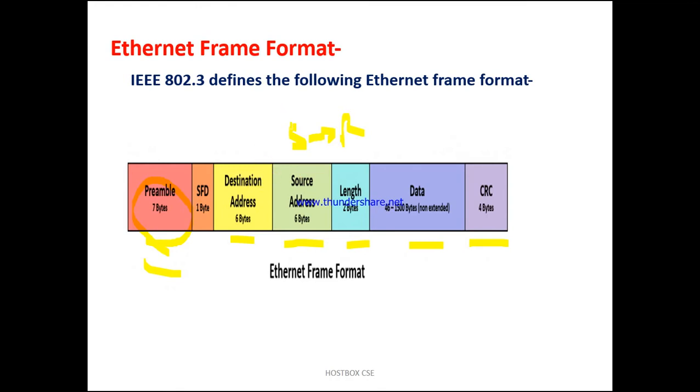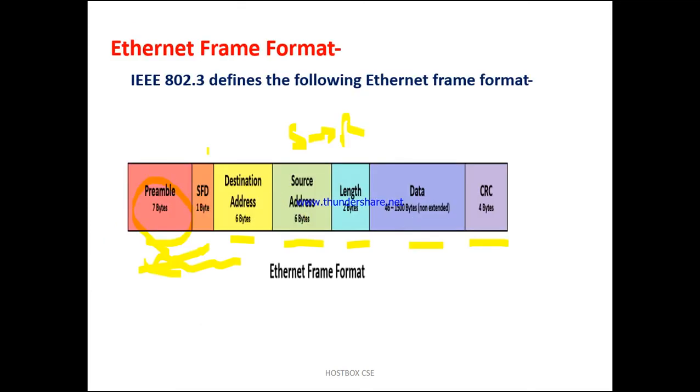At present we are neglecting ARP. Moreover, the preamble and SFD are located in the physical layer, so you can say physical layer payload. Both are placed in the physical layer, remember. And the data is exclusively used by the network layer. Let's go one by one.